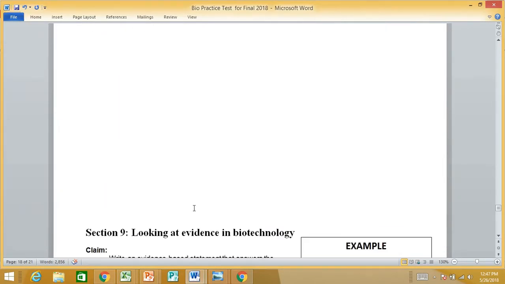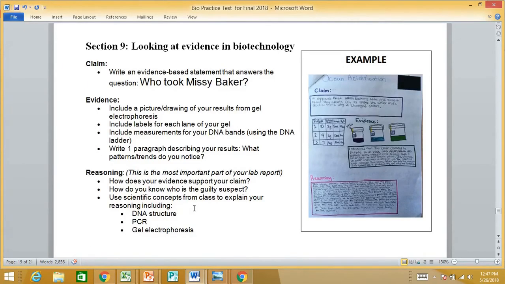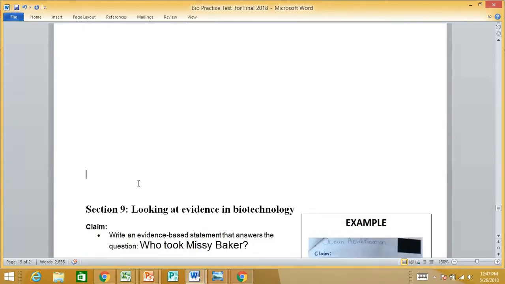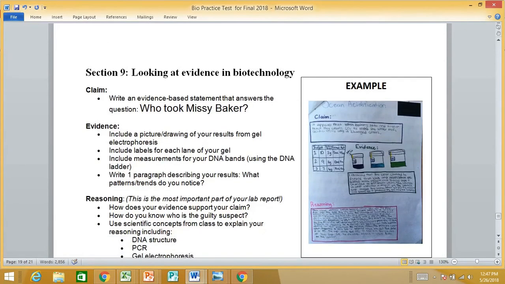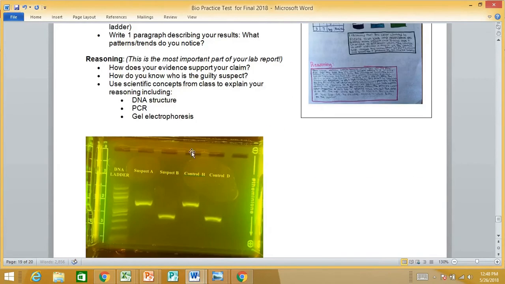All right. And now our very last one, looking at evidence in biotechnology. So within this, I'm going to provide for you this gel. I will have it labeled already.